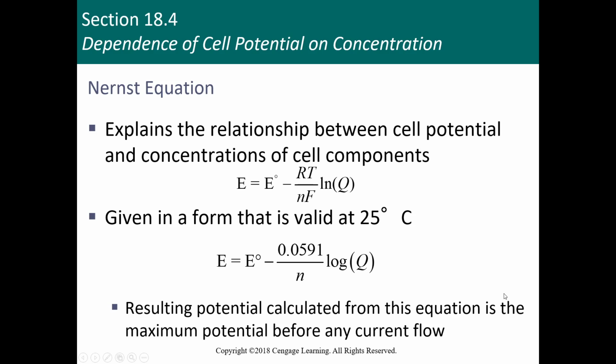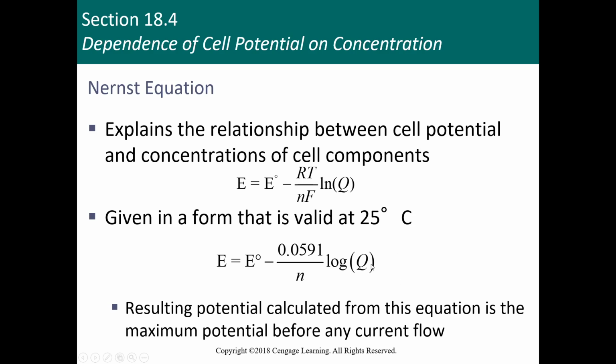So the resulting potential calculated from the equation is your maximum potential before any current flow. As the current flows, this is going to become less and less and less. Because remember, eventually you are going to get an equilibrium state. Once you have had all your current flow and the two sides will have the same concentration, that will go to equilibrium.